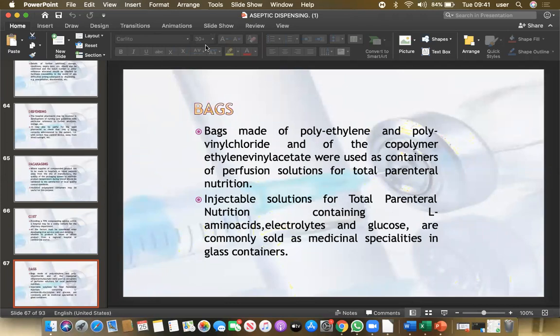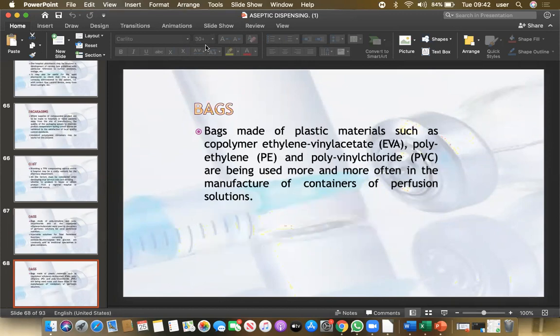Injectable solutions for total parenteral nutrition containing L-amino acids, electrolytes, glucose are commonly sold as medicine specialties in glass containers. Bags made of plastic material such as copolymer ethylene vinyl acetate, polyethylene, and polyvinyl chloride are being used more and more often in the manufacture of containers of perfusions. So these types of materials are used for containers for the TPN.